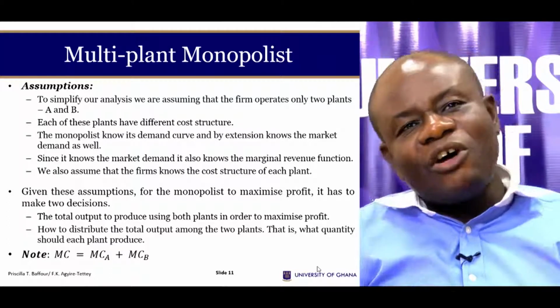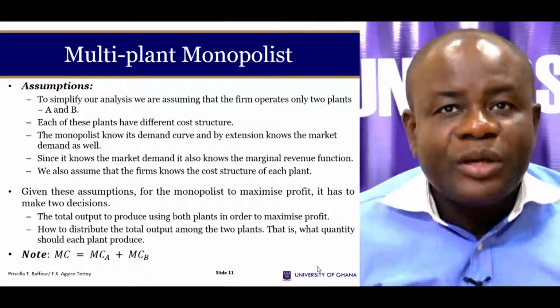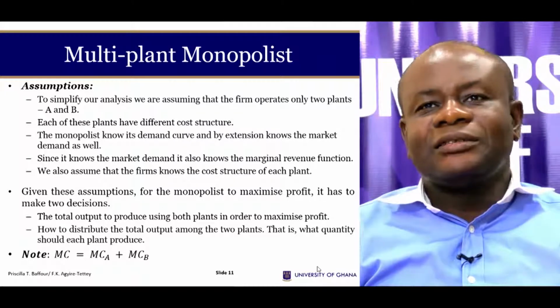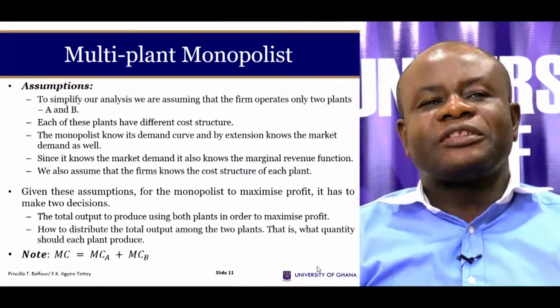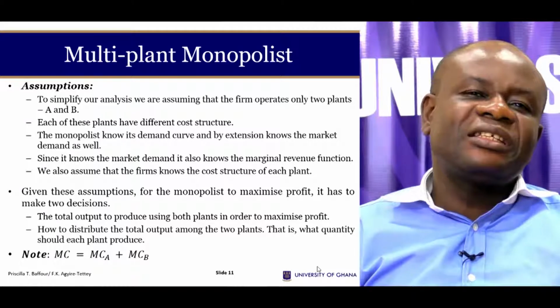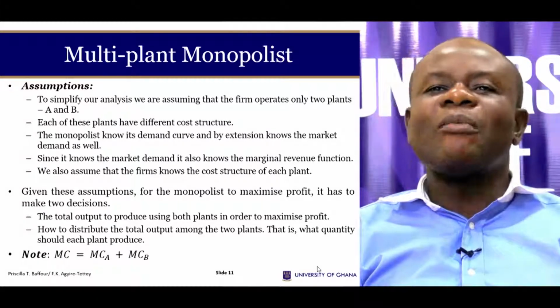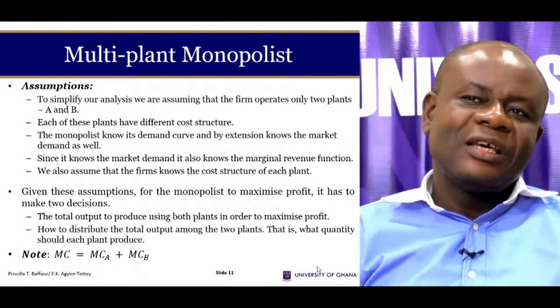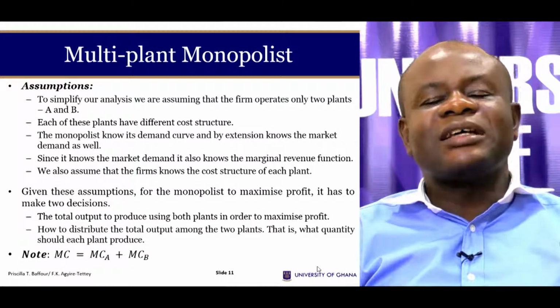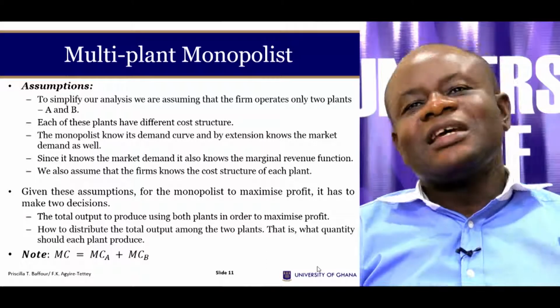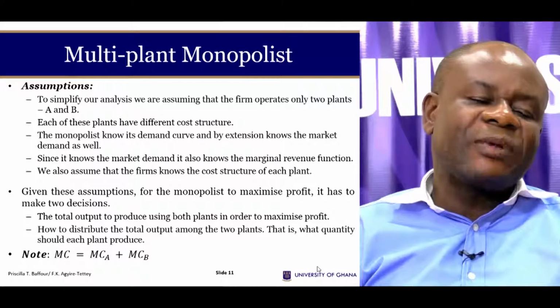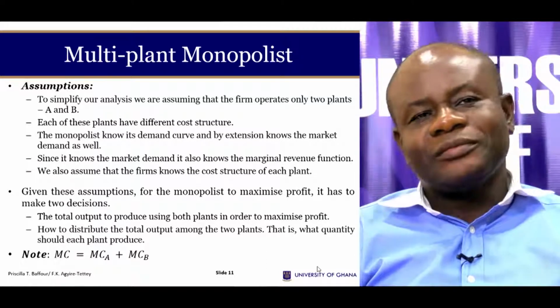First, it has to decide on the total output produced using both plants in order to maximize its profit. Then the second decision the firm will have to make is, how do I distribute this output among the two plants in such a way that I will maximize my profit? That is, what quantity should each plant produce?